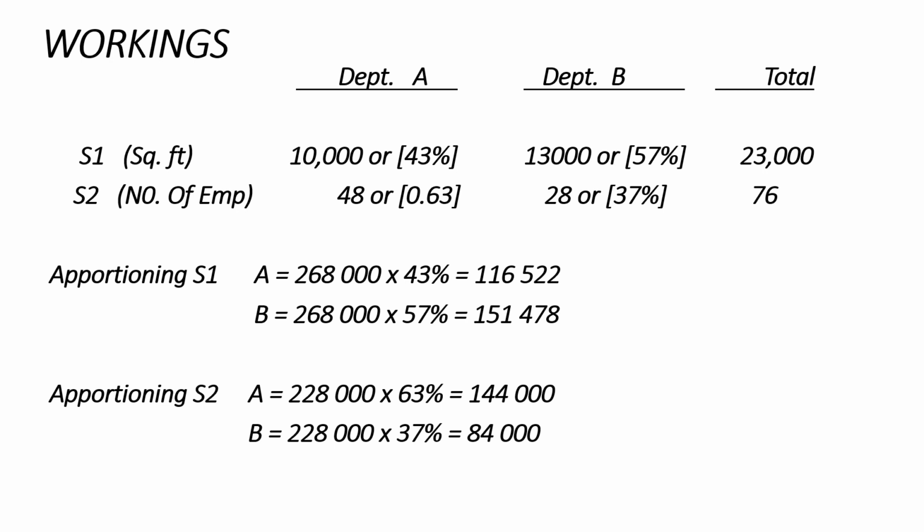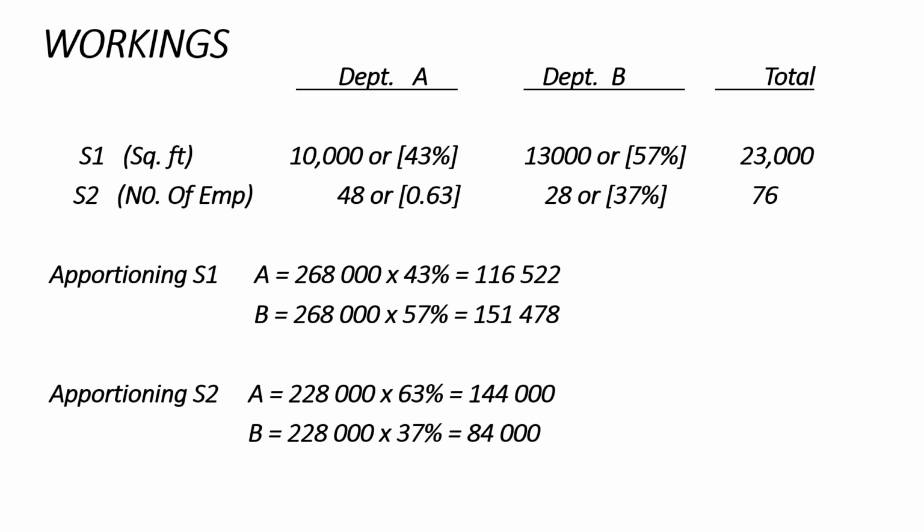Notice we have ignored the service departments. We just take the production departments, A and B, and add them together to get 23. Now 10 is 43% of the 23, and the 13 is 57% of the 23.